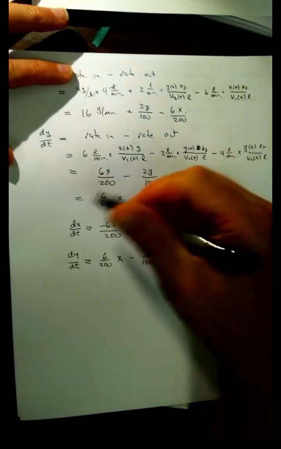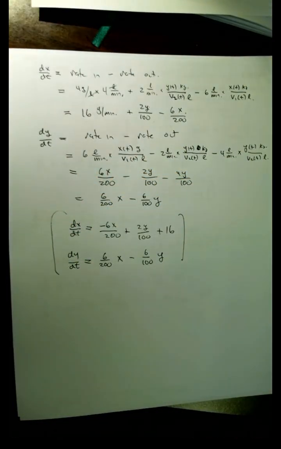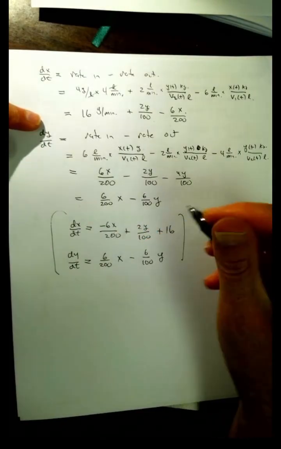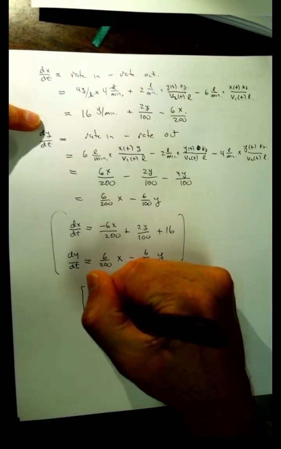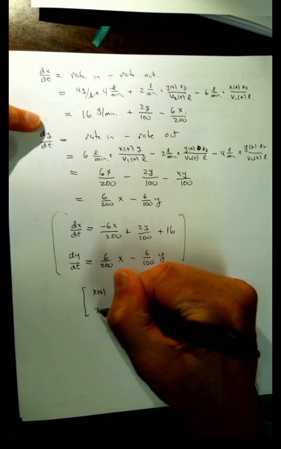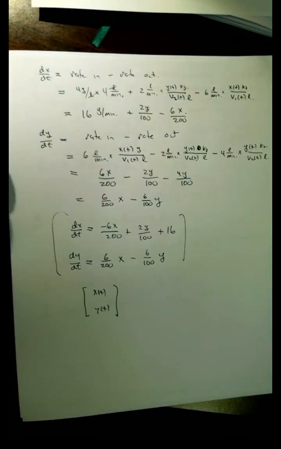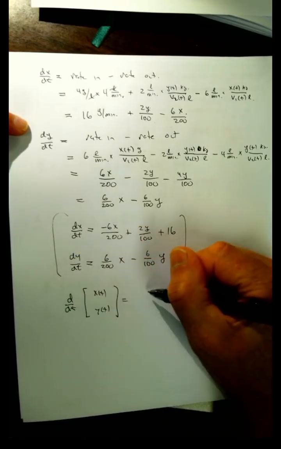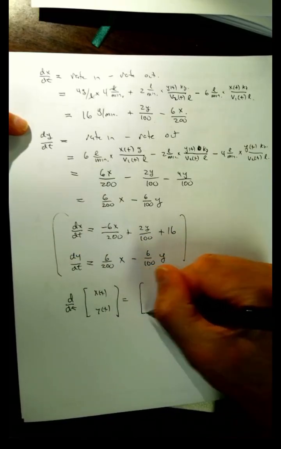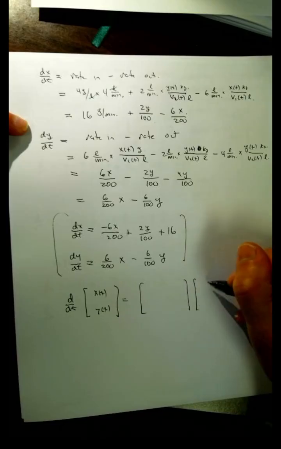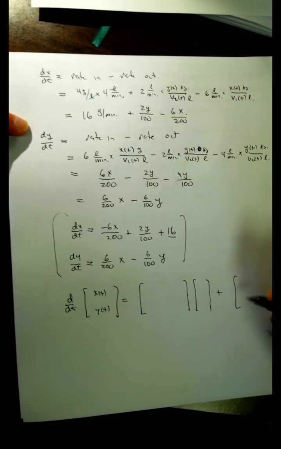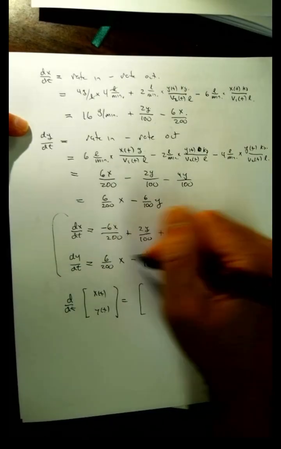Now trying to solve this is going to be difficult. And again, we're going to find out that writing this as a linear system is going to be nice. So our state variable is x of t, y of t. On the left, we have the derivative of x and y. And I'm going to write this as a linear system. Now I'm going to have to be careful because I have plus a 16 all by itself, so I know I'm going to have a 16, and then there's a 0 there.